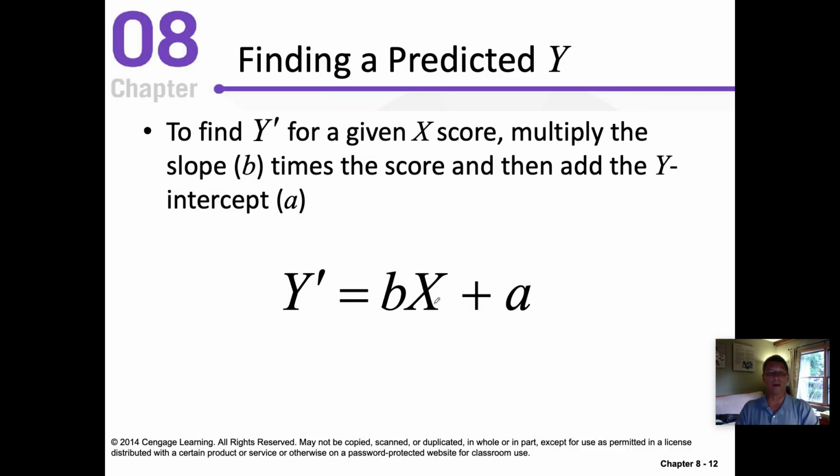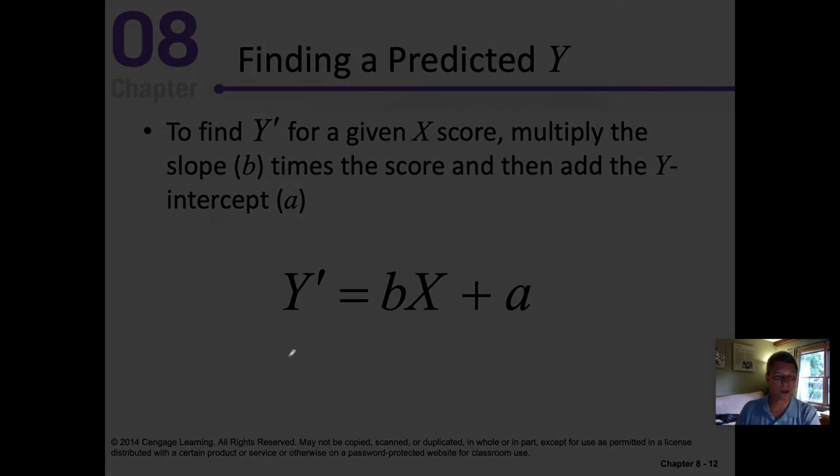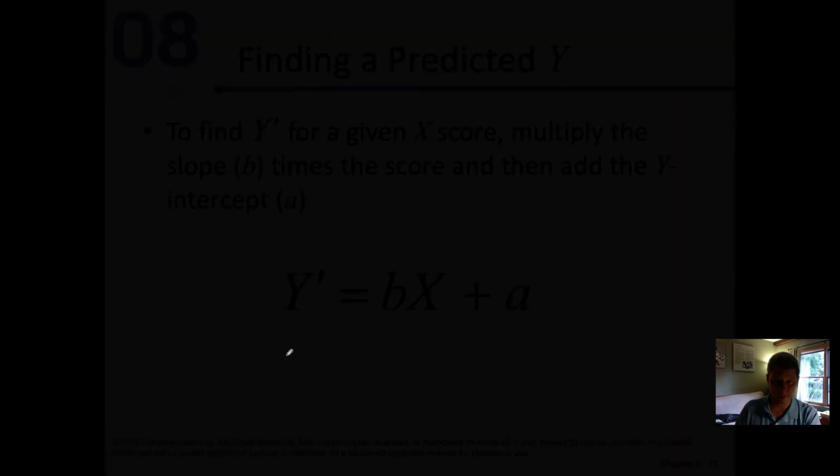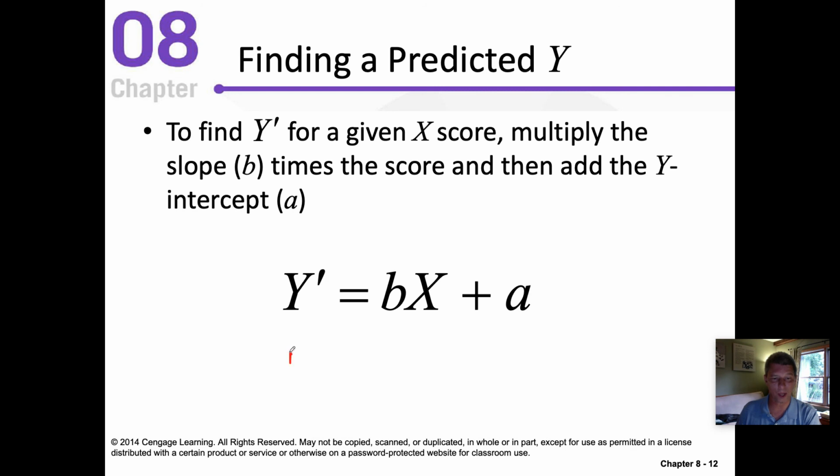Okay. Now, to find y prime for a given x score, you simply multiply the slope, b, times the score, and then add the y-intercept value, which is a. And this is, again, the same thing that you did in your high school math classes: y equals mx plus b.